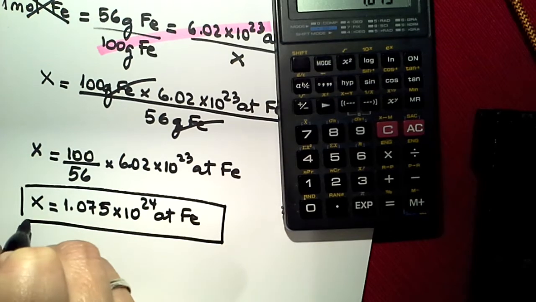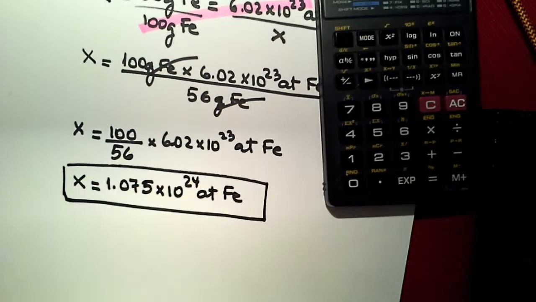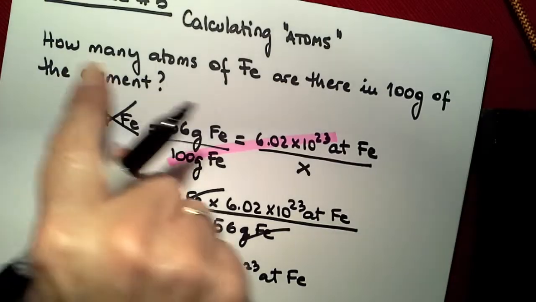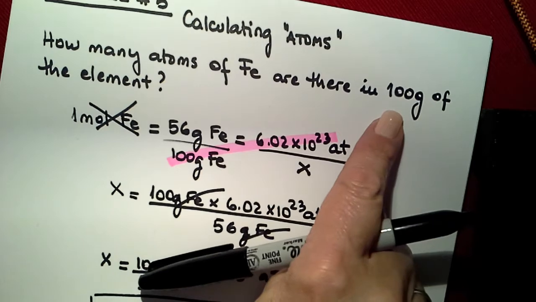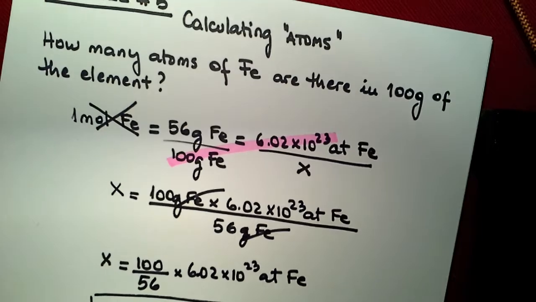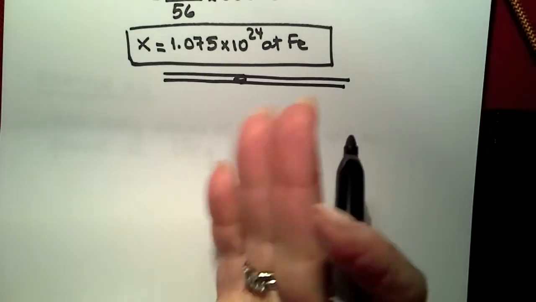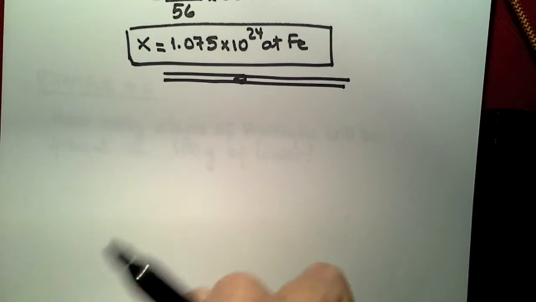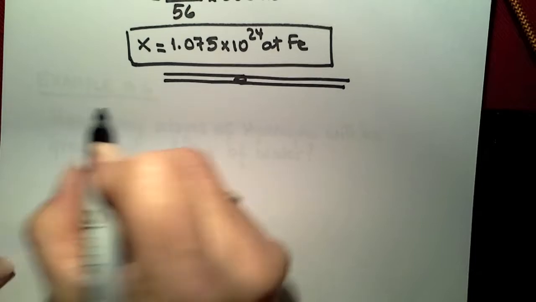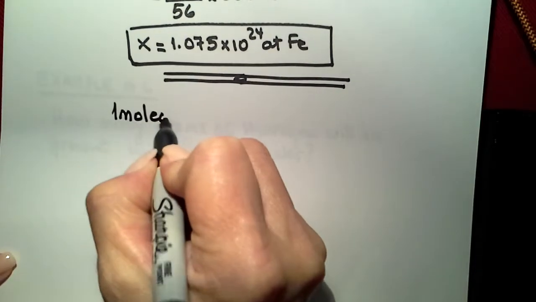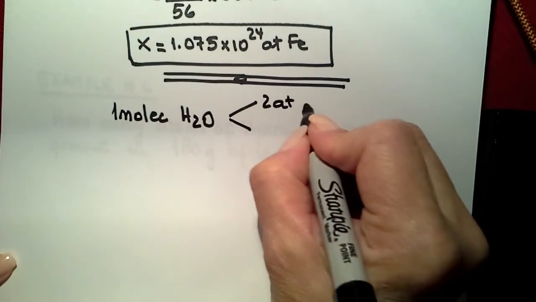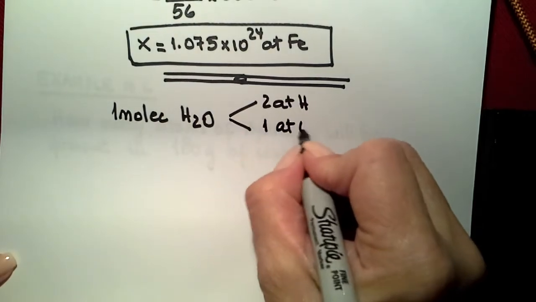In the case that we have only atoms present, that is not a problem. But sometimes they are going to ask me to calculate the number of atoms present in 100 grams of a compound. So we are going to see how to do that in a few minutes. For calculating the number of atoms present in a sample of a compound, we need to reason something. If we have one molecule of water, for example, we are going to have 2 atoms of hydrogen and 1 atom of oxygen.